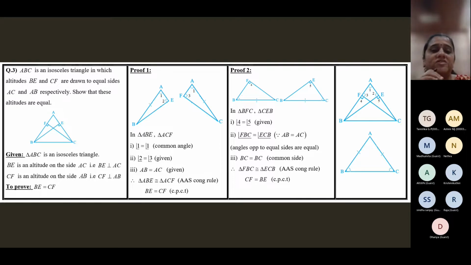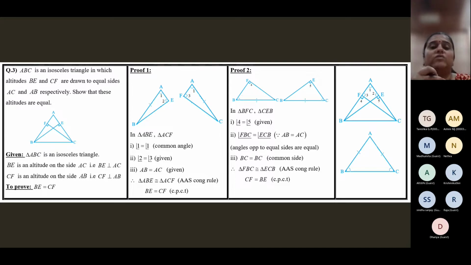Okay, are the altitudes equal? Is BE equal to CF? Are they equal altitudes? They are not equal, they are only altitudes. We need to prove whether BE is equal to CF. Correct.